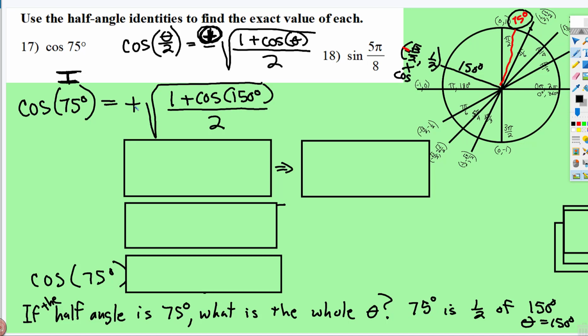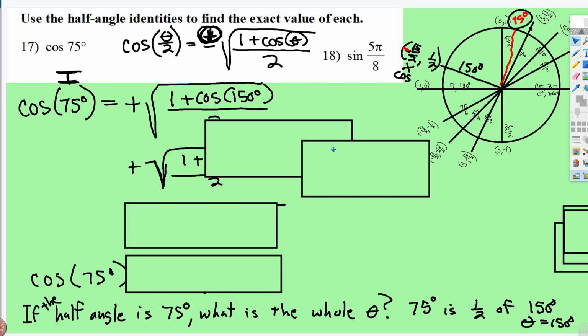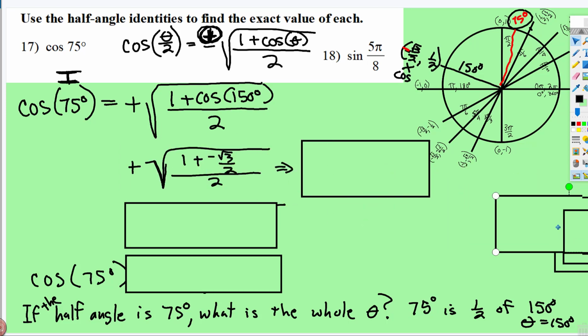Cosine 75 degrees is positive square root of (1 plus cosine 150 degrees) all over 2. Then we determine, as we did a second ago, what cosine of 150 is. And we substitute: cosine of 150 is negative root 3 over 2.